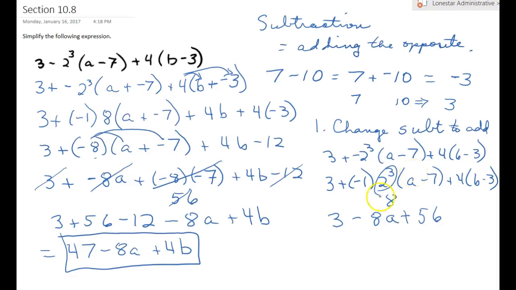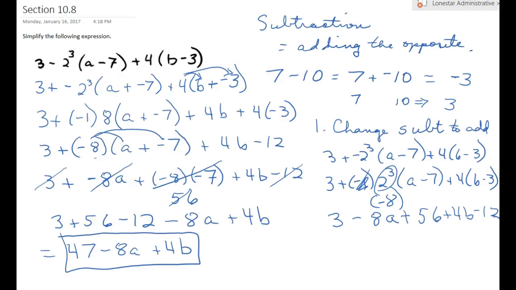So I had minus 8 here when I said negative 1 times 8. Negative 8 times a is negative 8a. Negative 8 times negative 7 is positive 56 because two negatives multiplied together gives us a positive.